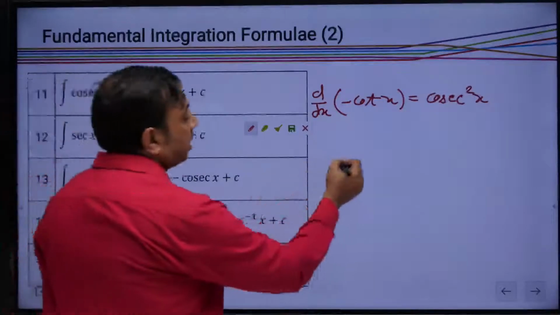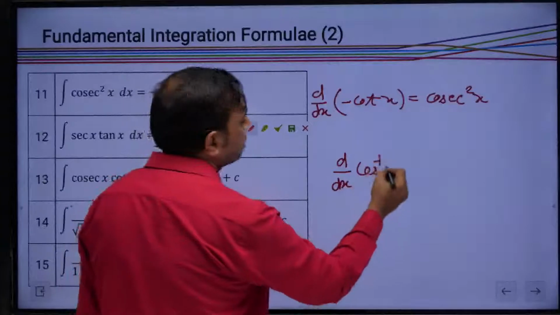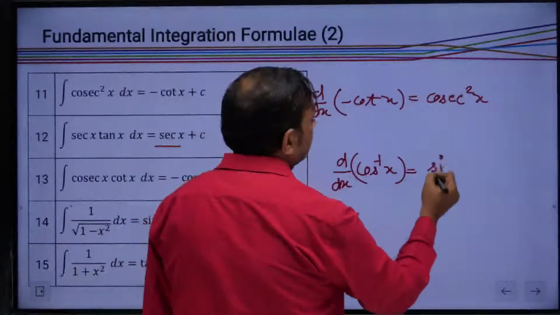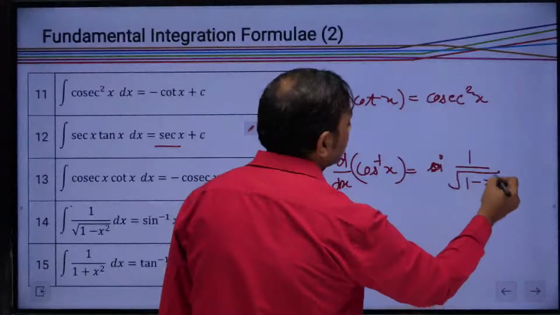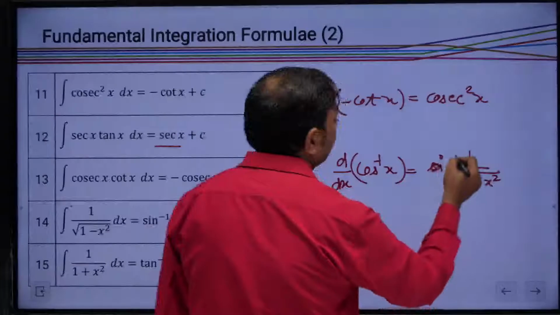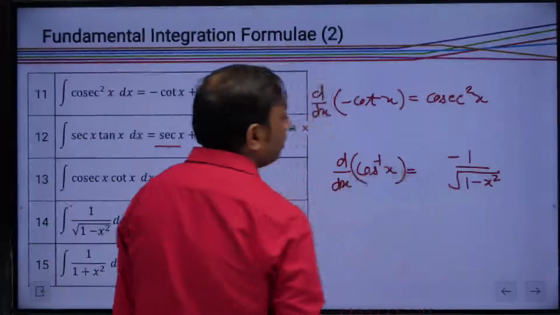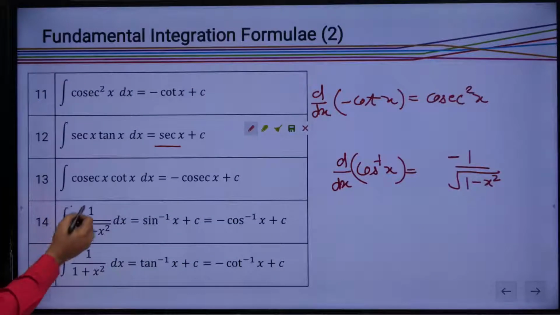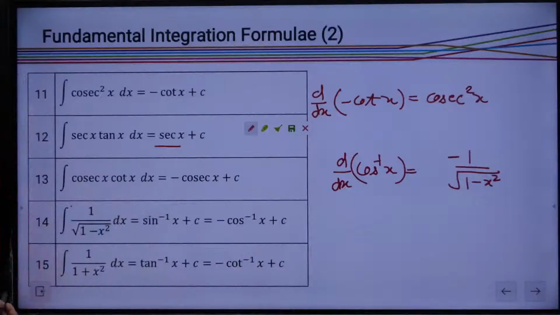And the differentiation of cos inverse x was minus 1 upon square root of 1 minus x square, with a minus sign here. So the integration of 1 upon square root of 1 minus x square dx is either minus cos inverse x or sin inverse x.